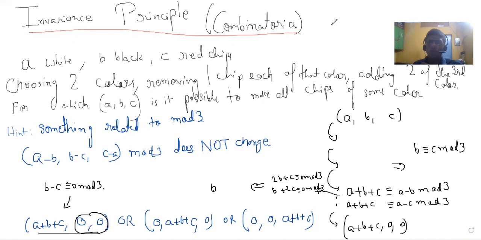No, but that is not useful. That we already have. B minus a is congruent to 0 mod 3. Why? C minus, why? No, but in the end, it is not 0.